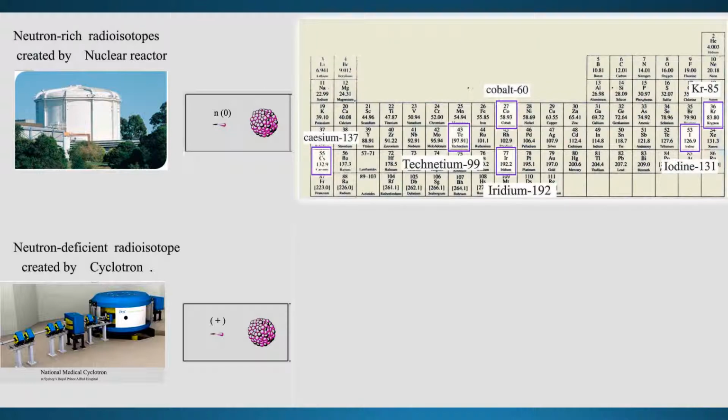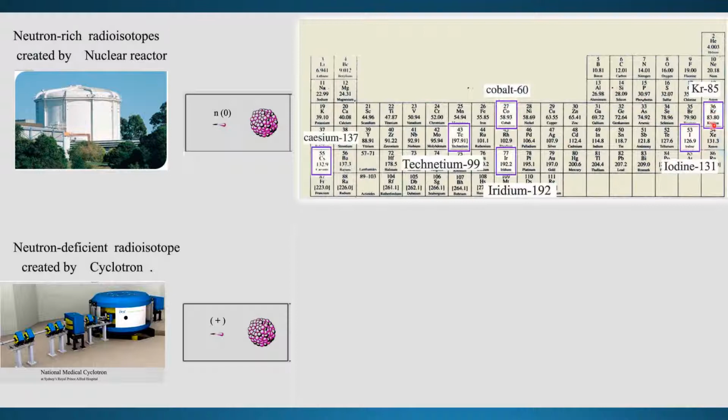The top one is done by a nuclear reactor. Let's take some examples. Cobalt should be 58. You got cobalt 60. Too many neutrons. Tc should be 97. You got Tc 99.